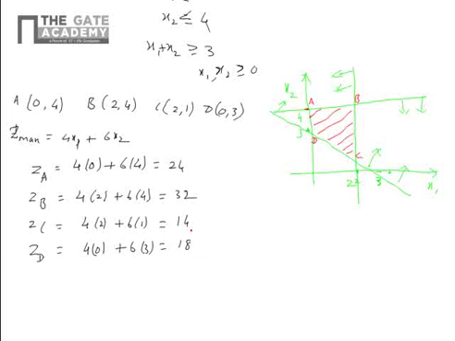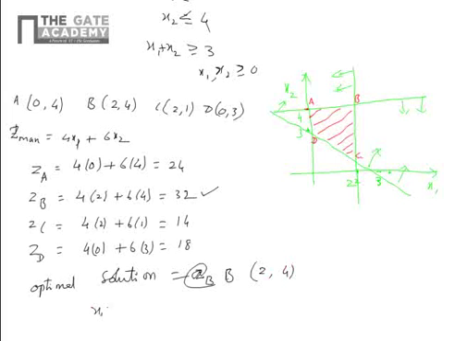So out of all of these values, our objective function is maximization. What is the maximum value? 32. So the optimal solution is ZB, which means the solution is at B, which is 2 comma 4.